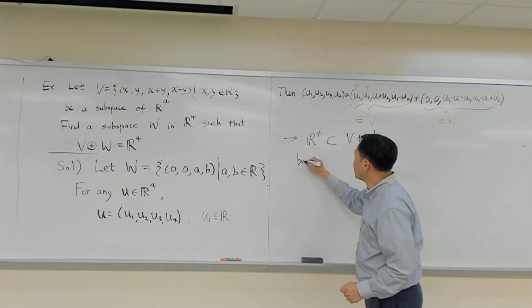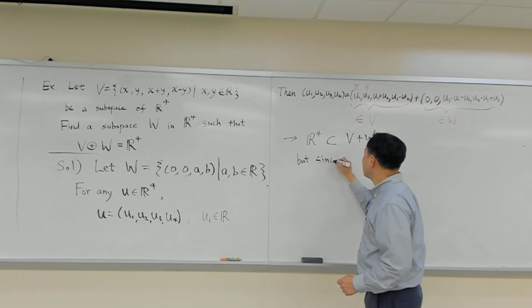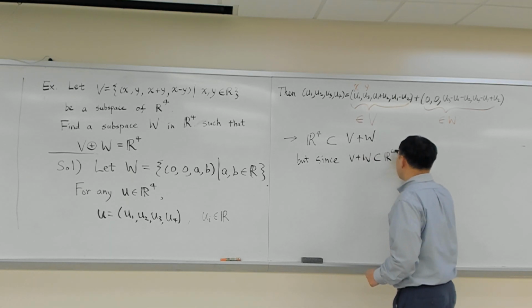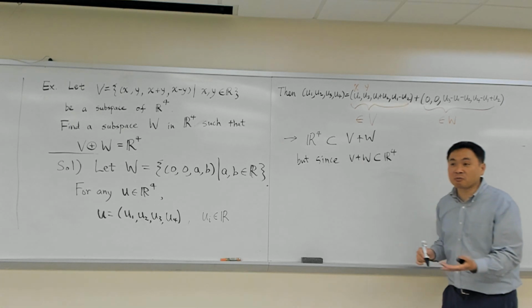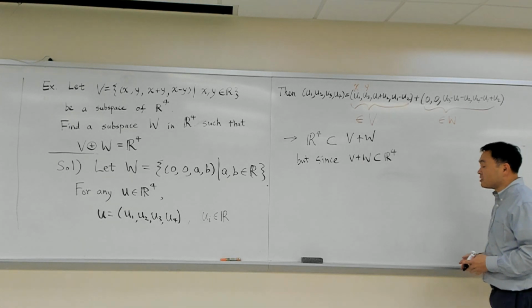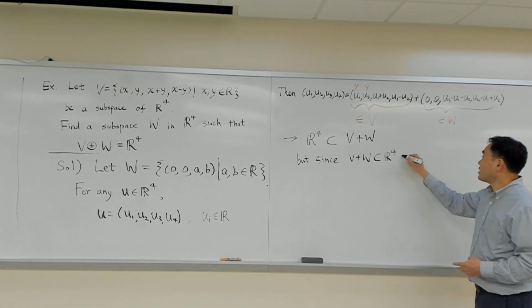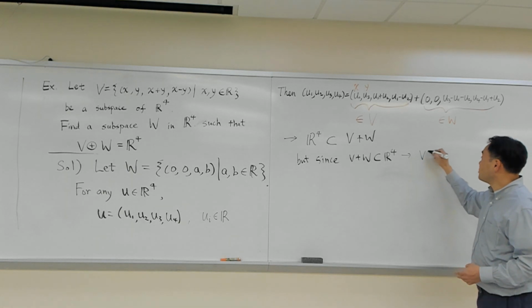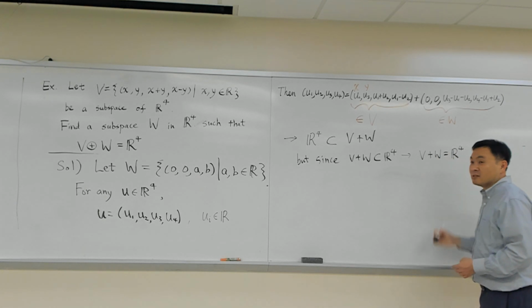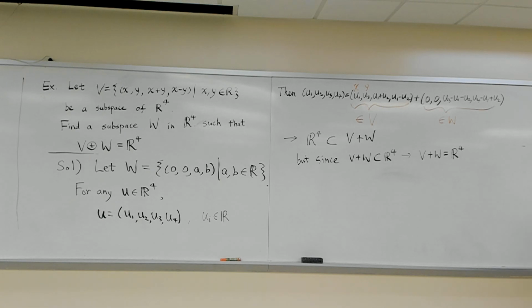But since V plus W is in R4, if you add any subspaces, it's always in the enclosing space. So that says that V plus W is indeed R4. Okay, so we're getting close. What do we still have to prove?